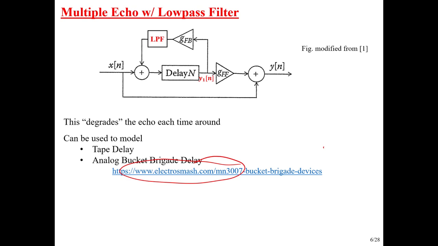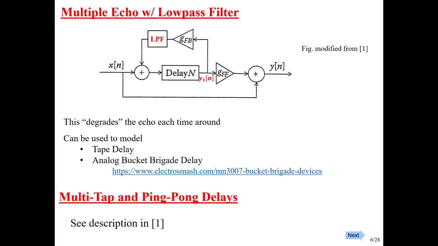If you're interested in guitar effects, they go through and analyze lots of different classic effects, show how to build them and things like that. So if you're interested in this course, go there as well. But that's mostly analog stuff. So anyway, you can go read about how bucket brigade devices worked. And then we can also do multiple taps.